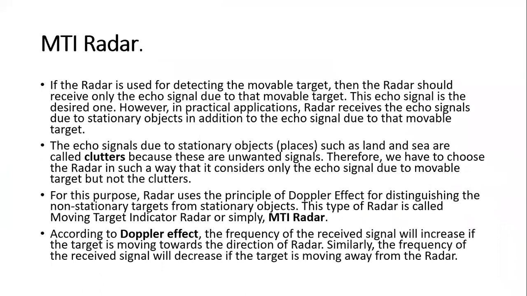So here, the MTI radar, we know, is purely based on the Doppler effect. Whatever echoes it is receiving after reflecting from the target will decide whether the target is coming towards you or going away from you, and what the speed of the target is. That's the reason we call it a moving target indicator. It totally works on the principle of the Doppler effect.